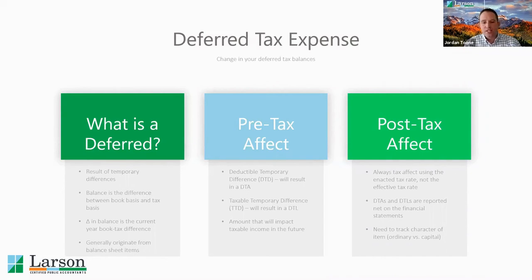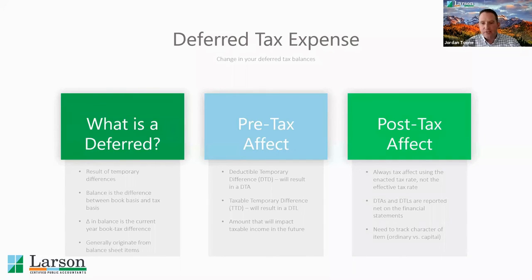The reason for this is all of these deferred items represent future year income and deductions that would have been applied under the 21% rate. So just keep that in mind. If there are ever any changes with tax law and the enacted rate, that's what we use. We use the enacted rate regardless of what period it applies to.